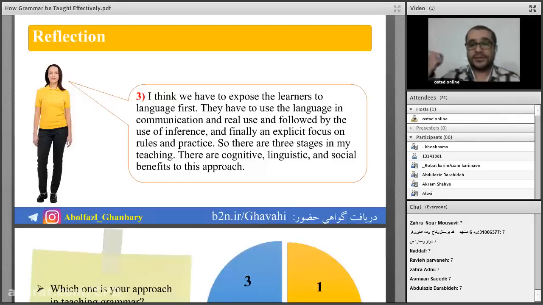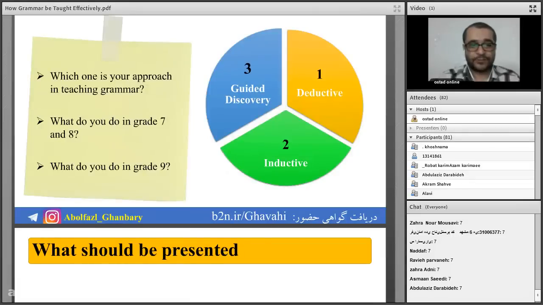Because in the first approach, we just start teaching and talking about the grammar rules ourselves. But here, we elicit from the learners. We guide the learners to discover the rules. The first approach is called deductive, teaching grammar explicitly, directly.